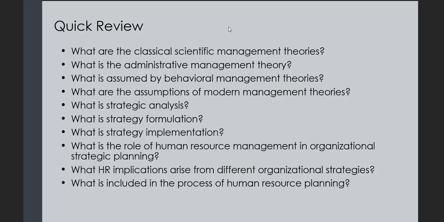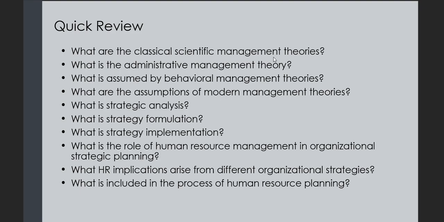So the classical scientific management theories focus on task efficiency, systematic analysis of work, matching workers to jobs, and dividing work between managers and workers, and the people who pioneered this were Taylor and the Gilbreths. What is the administrative management theory?